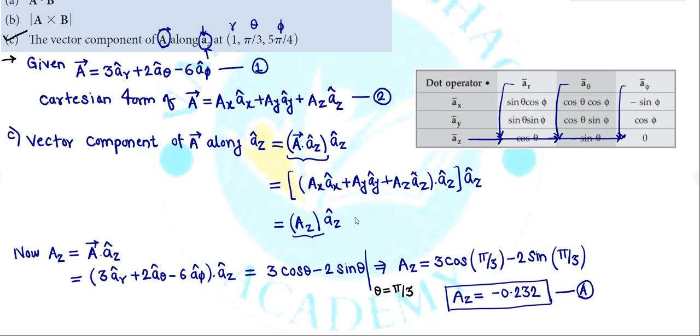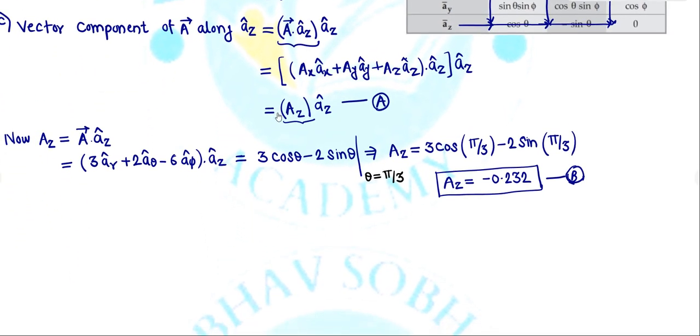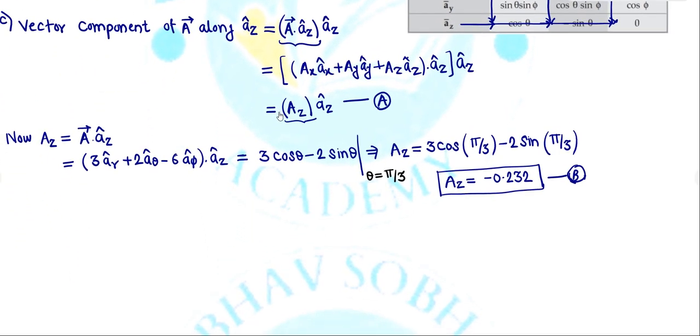Let's say this to be equation A, and let's say this to be equation B. Now we are going to simplify that. So we are left with what? Vector component.